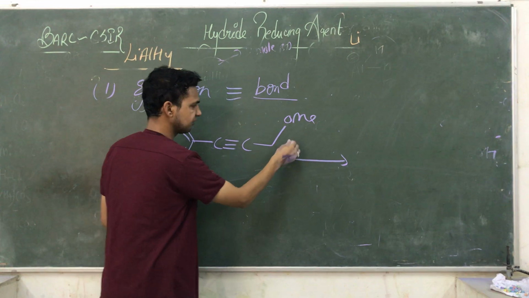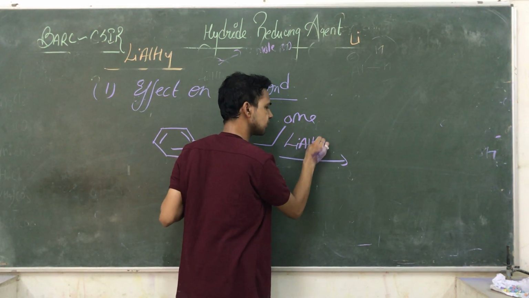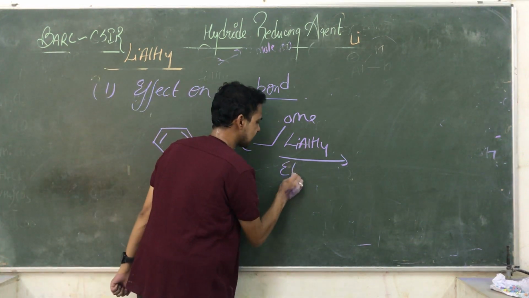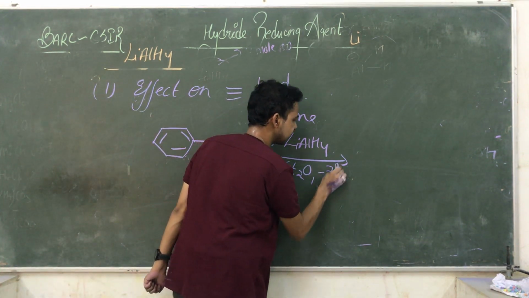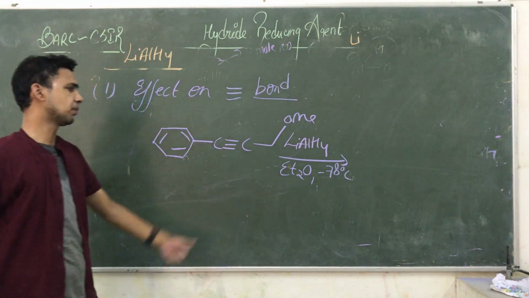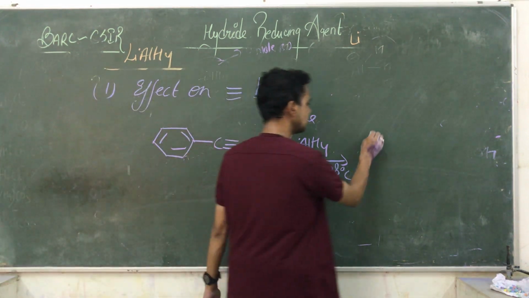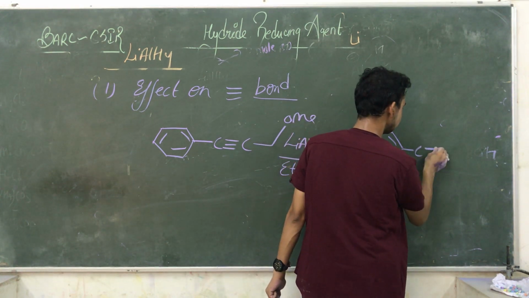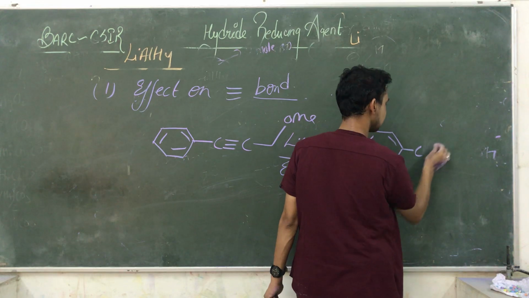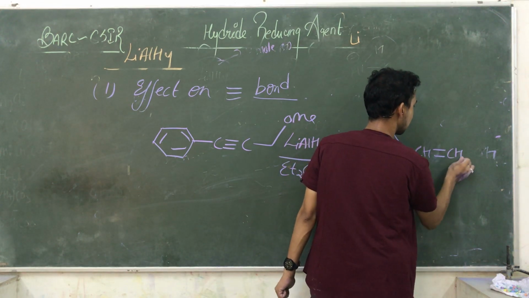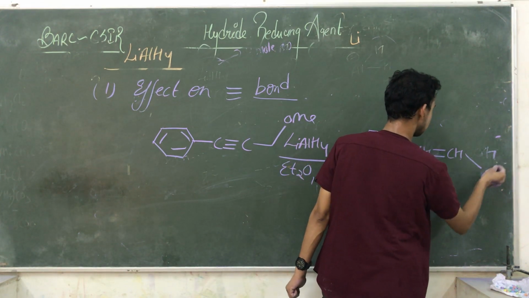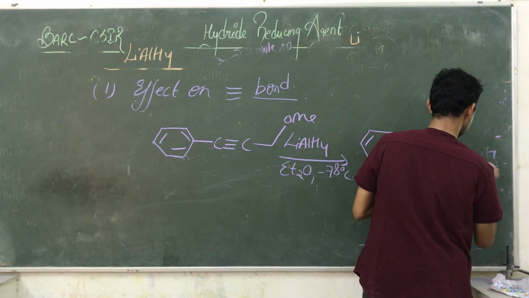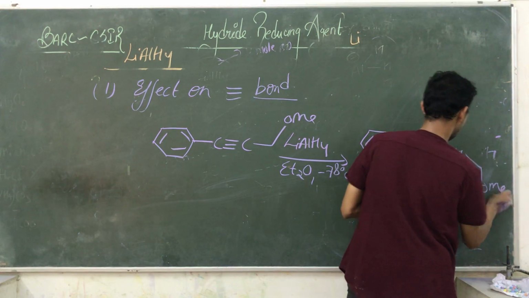When these compounds react with LiAlH4, the reaction mechanism is the same as what we taught earlier. In the presence of ether at minus 78 degrees Celsius, the triple bond converts into a double bond, giving you another compound.